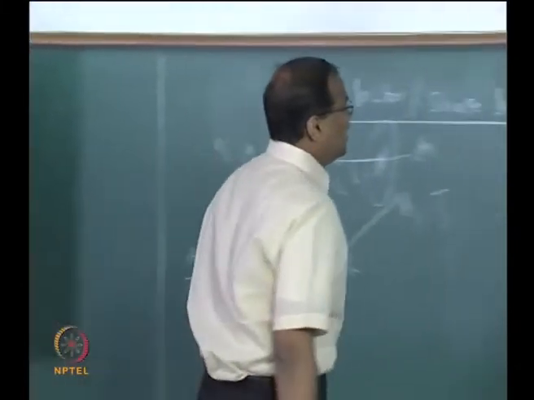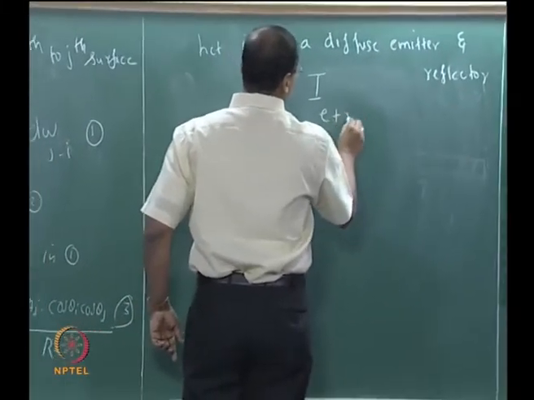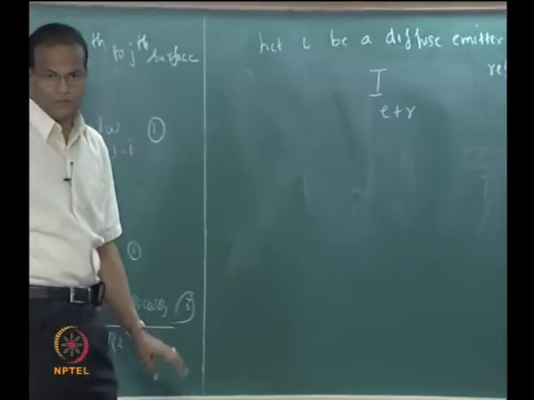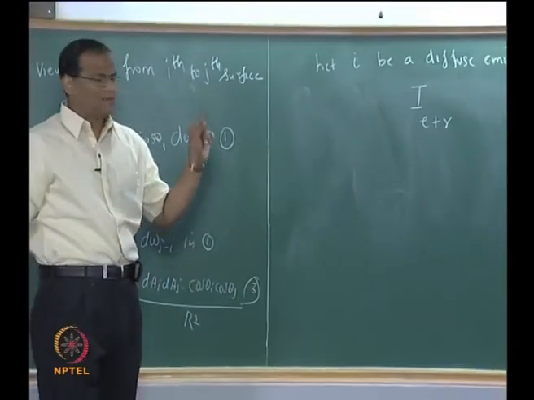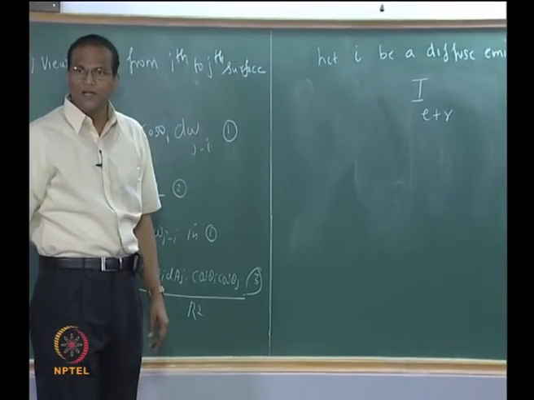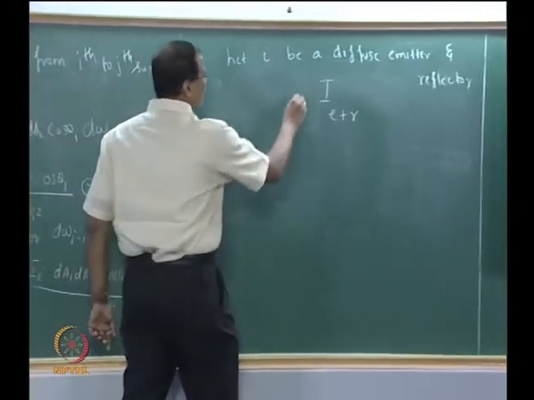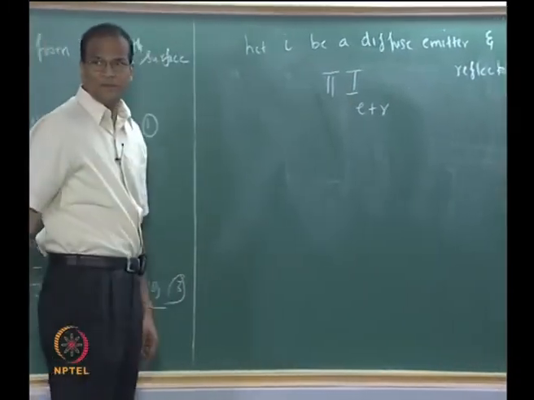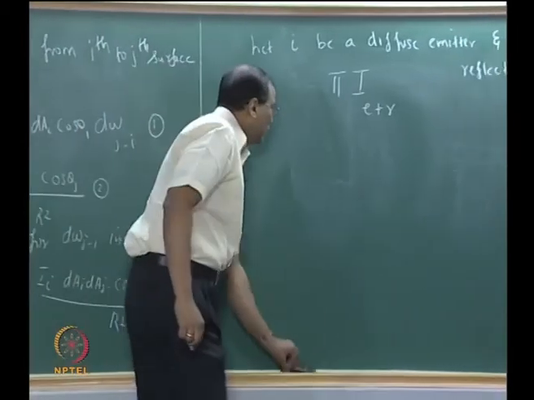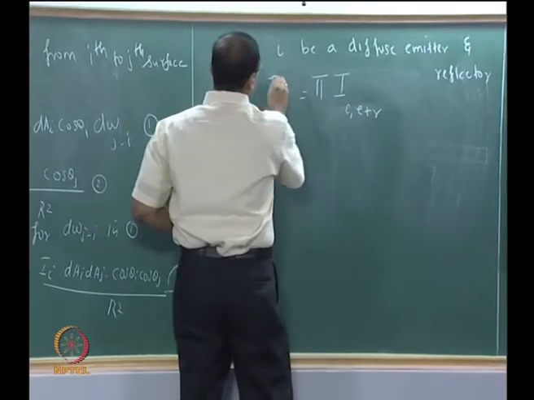Now I am saying it is diffuse, so there is no directional dependence, and I can make it pi. To make it clear, I call this Ji.